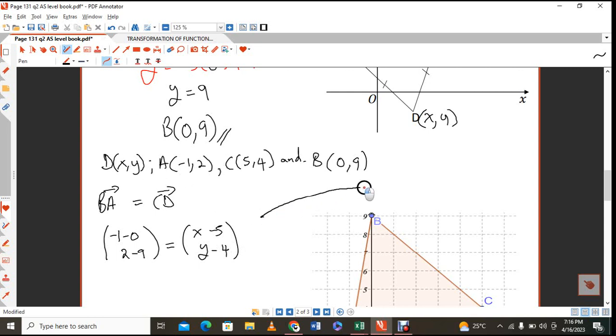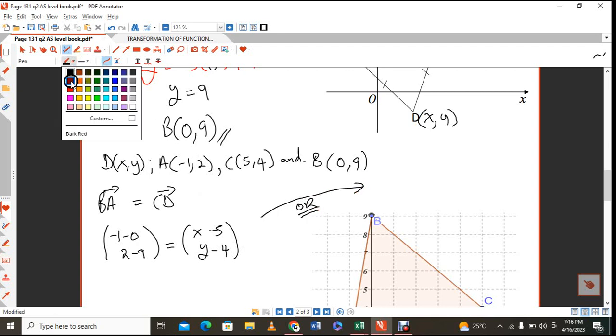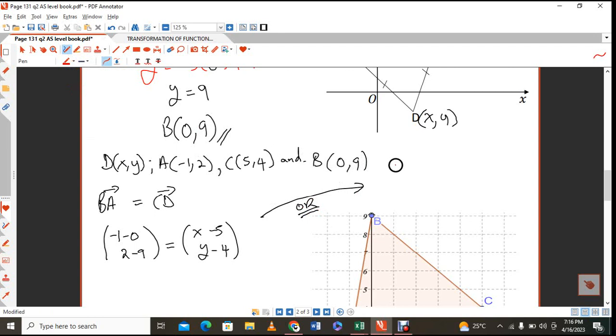Someone else could write it like this: 0 minus negative 1, and 9 minus 2 is equal to 5 minus x and 4 minus y. Well, this is still the same as AB equals DC.